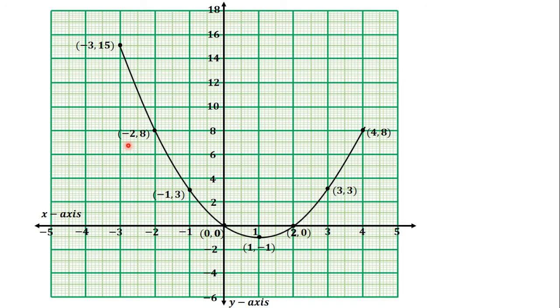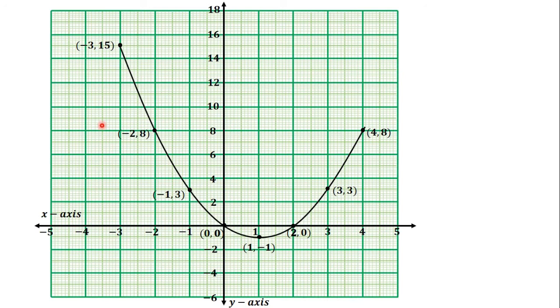So there is an increase from minus 2 to minus 1. From here to here, the x-coordinate increases from minus 1 to 0, and from 0 to 1. The x-coordinate increases from 1 to 2, it increases from 2 to 3, and it increases from 3 to 4.